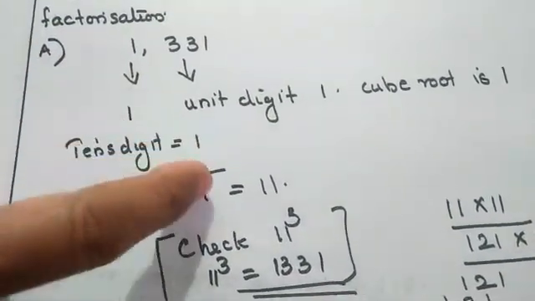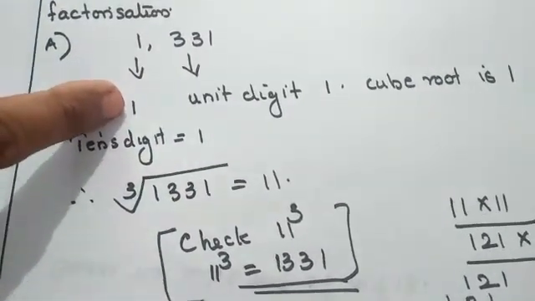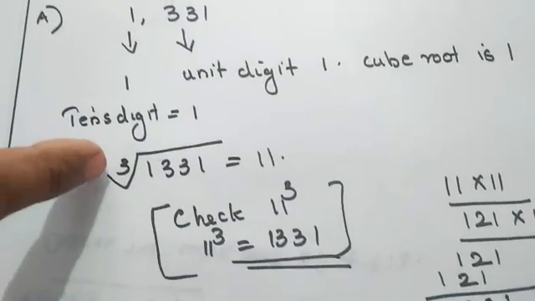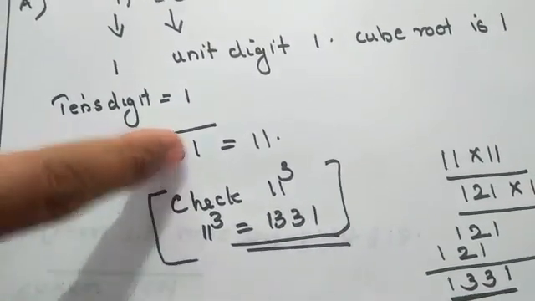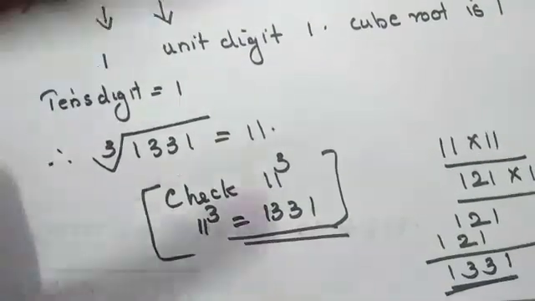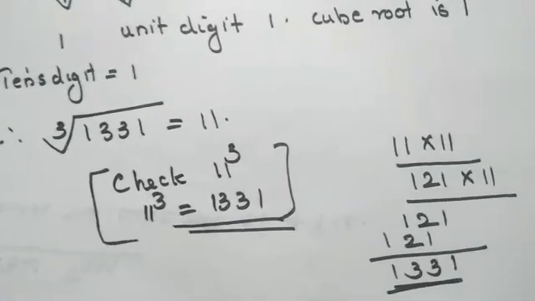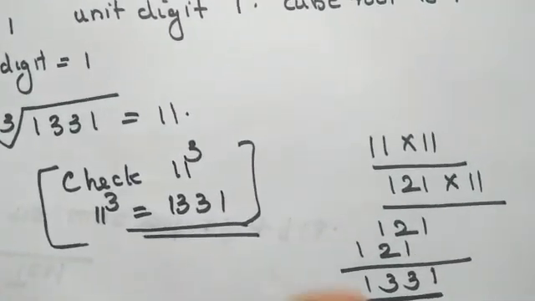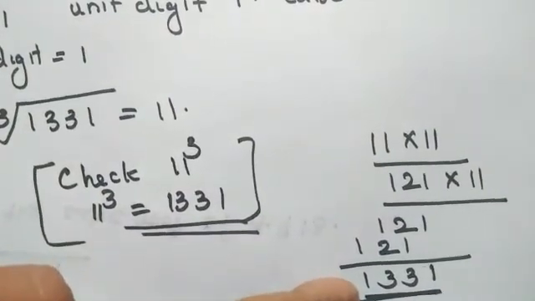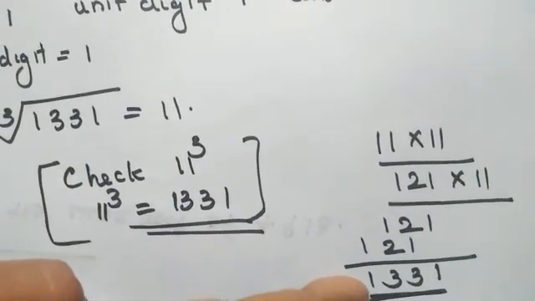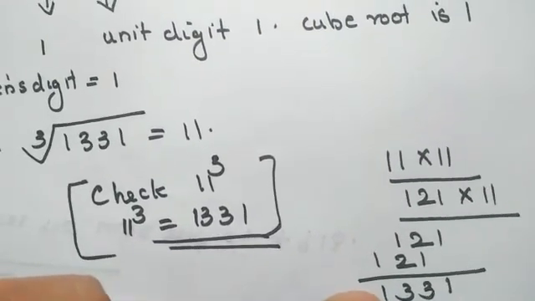So the ones digit will be in the cube root 1 itself. 1 is the cube of 1 itself. So we can write cube root of 1331 equals 1, 1. That is 11. We can check whether it is correct or not. 11 into 11, 121 into 11, 1331. This is the way we do it by guessing or estimation.